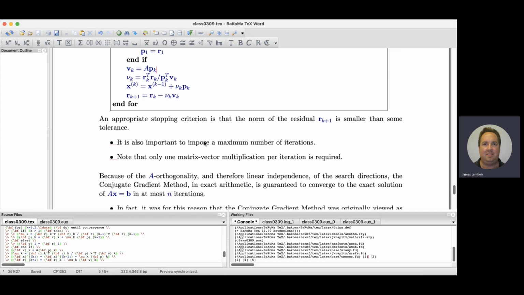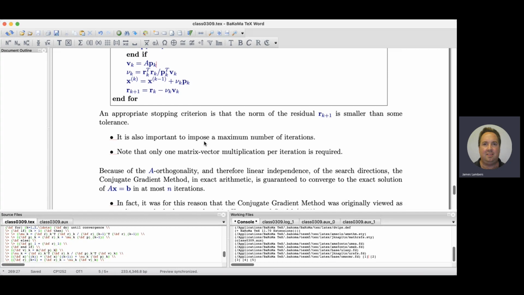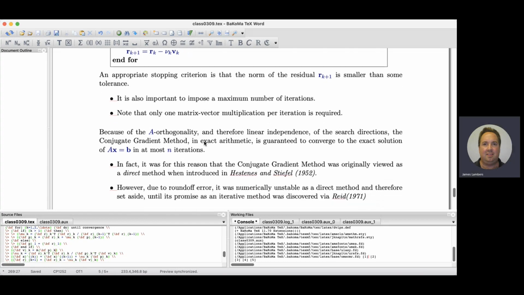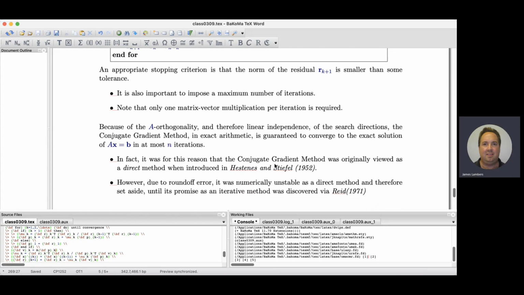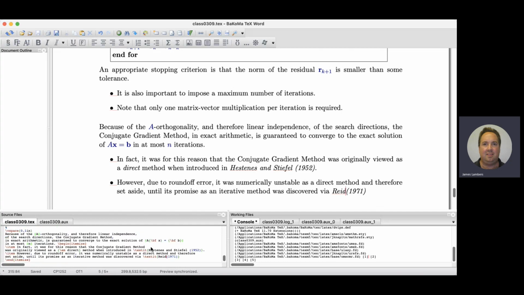So what's interesting about conjugate gradient, we think of it today as an iterative method, but it wasn't treated that way when it was first developed back in 1952. Because with the search directions guaranteed to be linearly independent, but you're functioning in n-dimensional space, once you get to n search directions, you're not going to find any more.